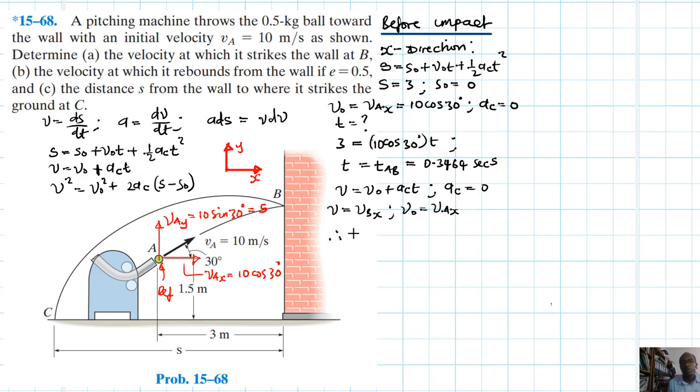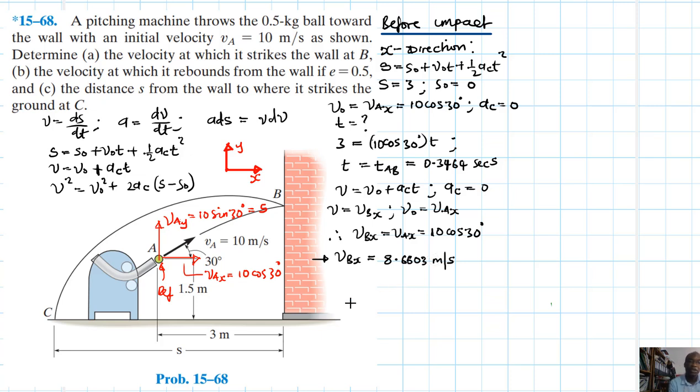Therefore our v_Bx, which is equal to v_Ax, is just equal to 10 cos 30, and this is going in this direction. This gives us 8.6603 meters per second.